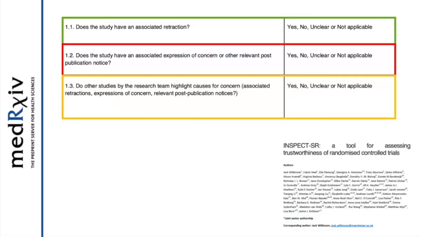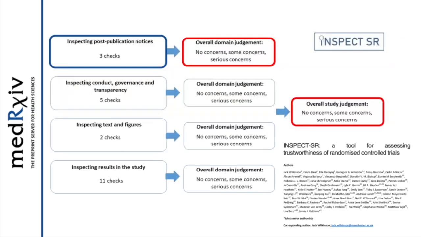It's not directly a red flag, because it does not mean that because they have retracted papers, this one will necessarily be problematic. But still, it's a yes, but it does not qualify at the end of the day for your judgment about serious concern. It's more like you have concerns. But still, because of comments 1.2 and 1.3, you can still reach an overall domain judgment that you can have some kind of serious concern.